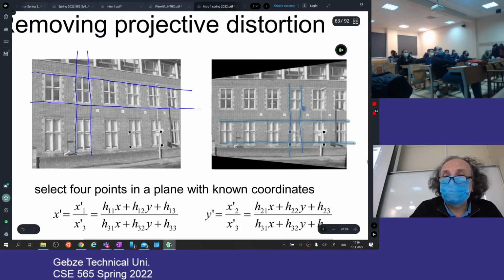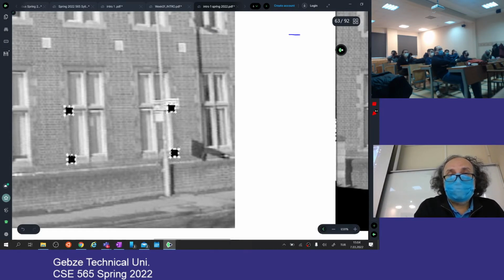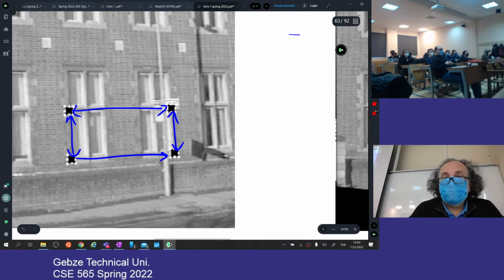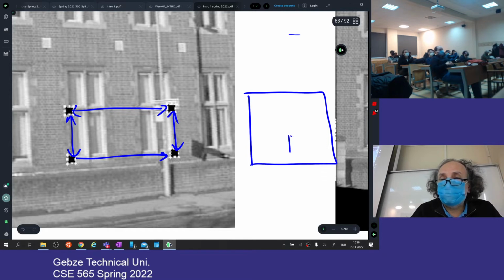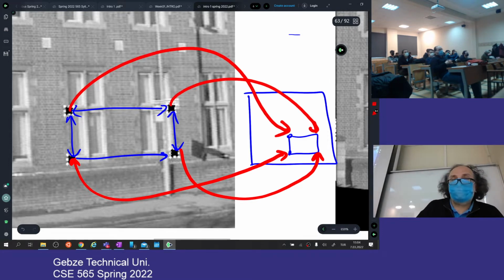Let's do this. This is how we are going to do that. I know that the difference between these two and the difference between these two should be equal, and the difference between these two and the difference between these two should be equal, right? If I should transform this image to such a window, I know that this point will correspond to this one, and this point will correspond to this one here, and this one is here, 4 of them.